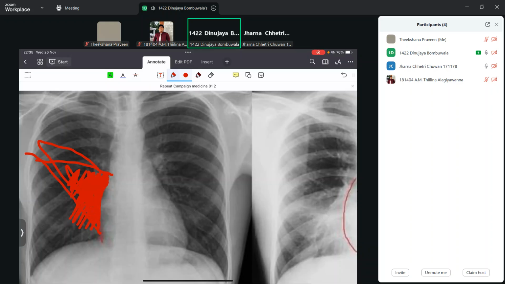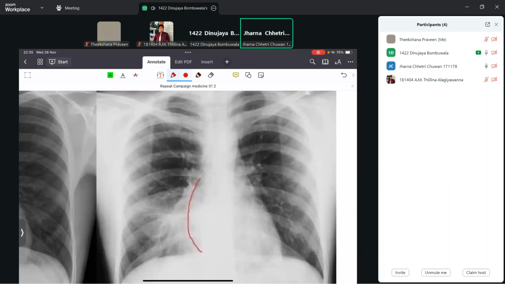So if this region is also appearing as white and this is always white, there is not much definition of this margin like this one. So this is what we call the Silhouette sign.